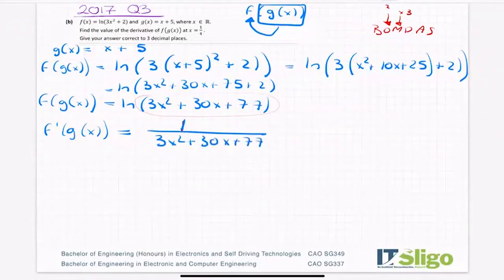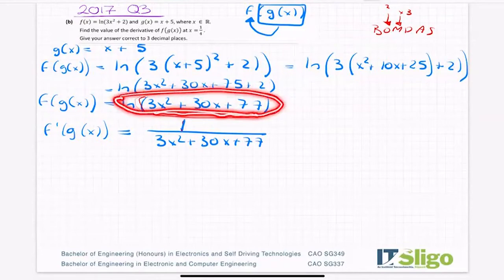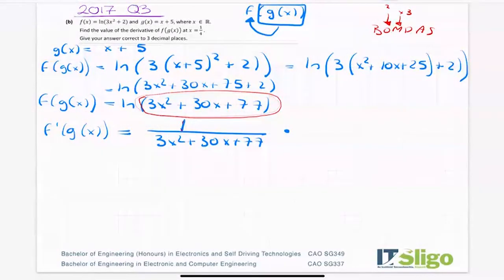Okay, now it's also a chain because can't that function in itself be differentiated? So this function here sits inside the bigger ln function. Okay, so you must multiply 1 over 3x squared plus 30x plus 77 by that inner function differentiated. Okay, and I just put a circle around it in red so you could see it.